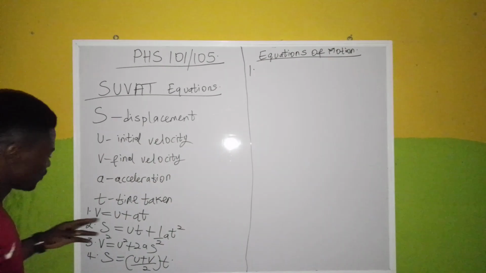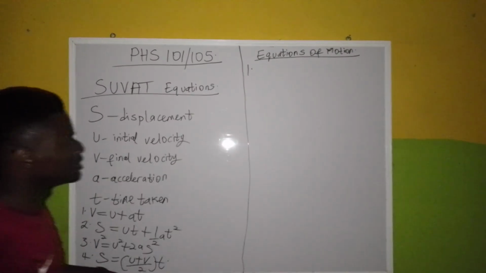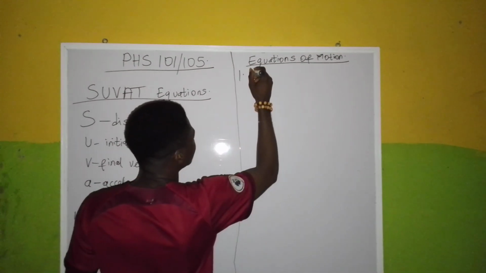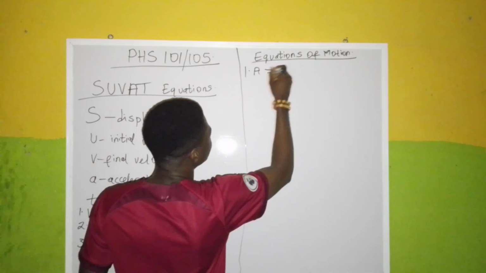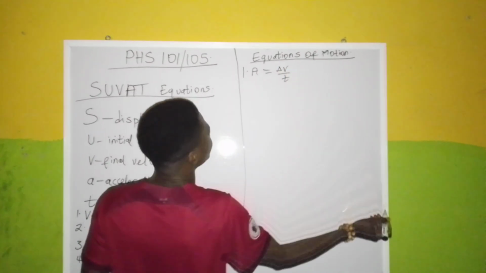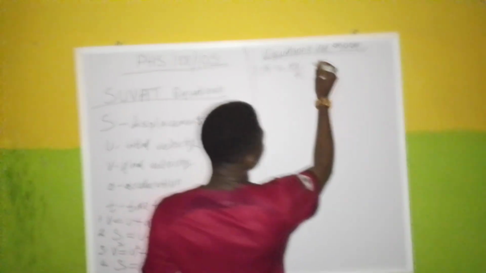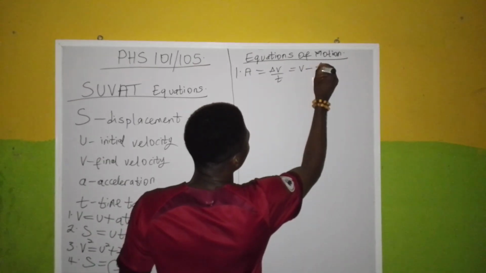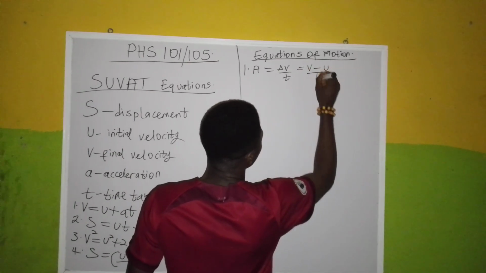So how do you come about this first equation of motion? Now we know that acceleration is change in velocity per time. What is change in velocity? Change in velocity is the final minus initial, divided by t.